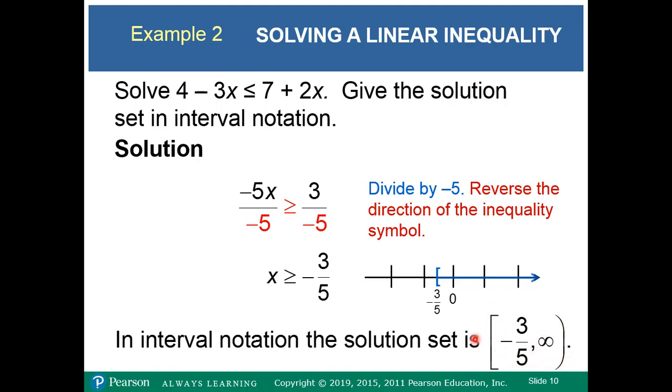So you would have to put a square bracket to note that we are including negative 3/5 in our solution. And then we'd have a parenthesis with an infinity, showing that just like the graph, it's everything that's equal to negative 3/5 and greater.